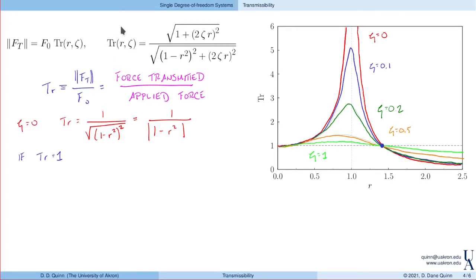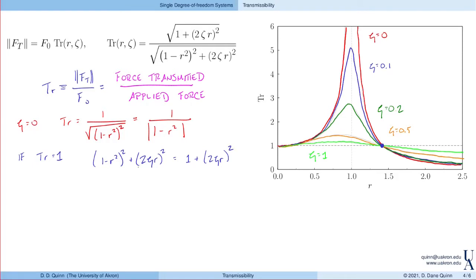Here I'll just set the transmissibility equal to 1 and then solve for r. Well, I'm going to bring this denominator to the other side. I'll actually square both sides. So what I end up with is 1 minus r squared, quantity squared, plus 2 zeta r squared, and then equals the numerator over here, which is 1 plus 2 zeta r squared.